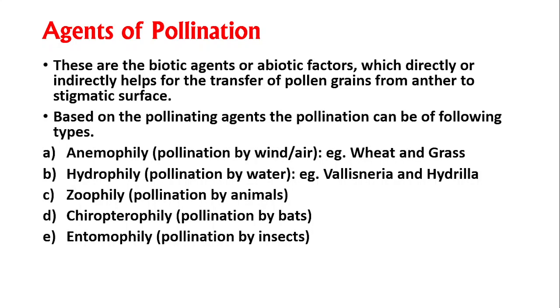Many different types of animals help in this process, whether very small animals such as insects, or cattle. They directly or indirectly help transfer pollen grains from the anther to the stigmatic surface of the flowers.